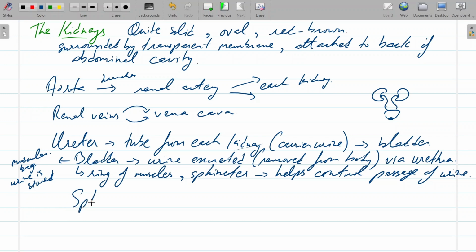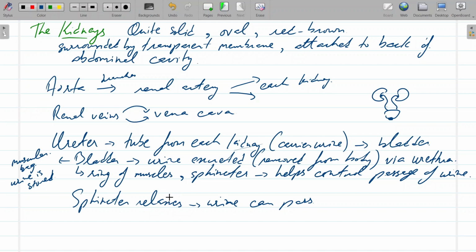When the sphincter relaxes, urine can pass, and adults can control when to do that. If it's not appropriate, they keep it contracted, and so they can hold it for when it's possible.